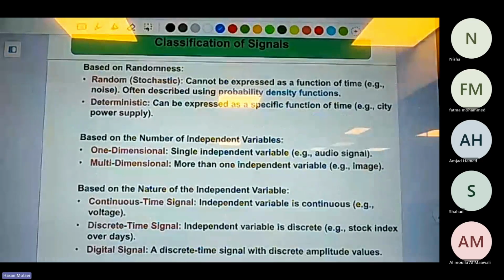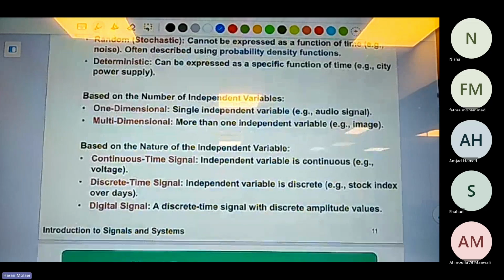Again, we can have different signals, random signals like noise. We can have one-dimensional, multi-dimensional signals, which in this course we usually focus on one-dimensional, which means we have only one input, which is time.